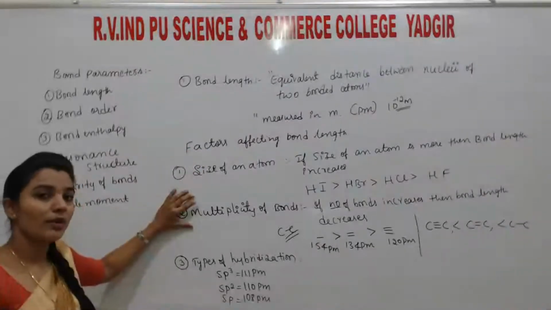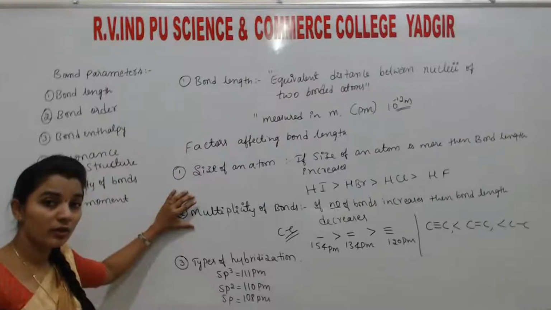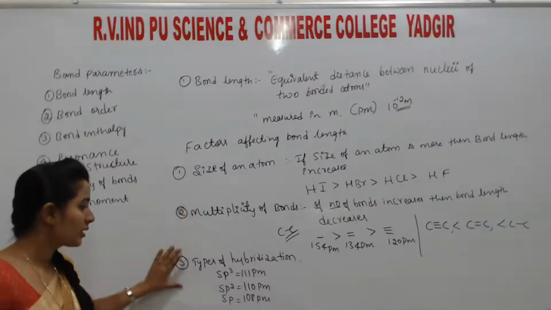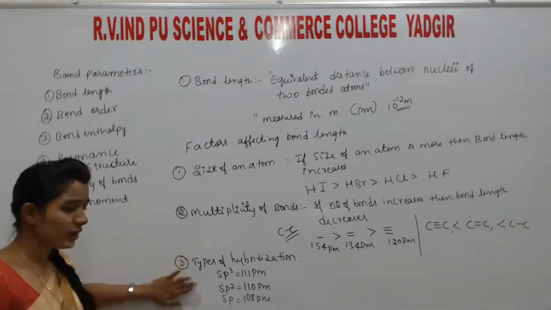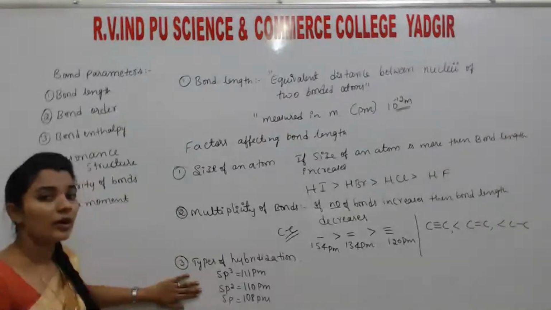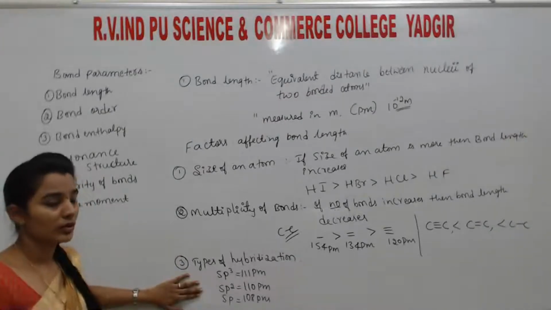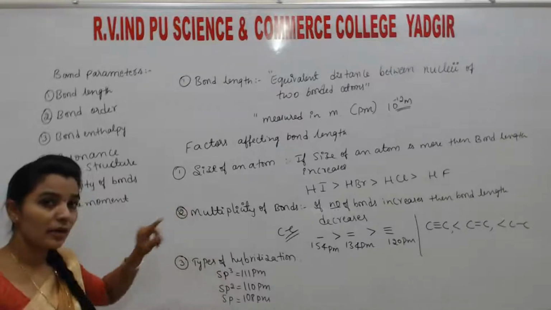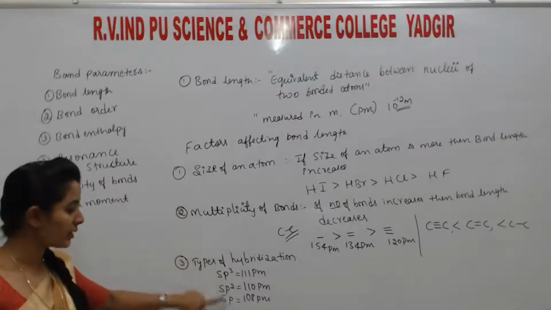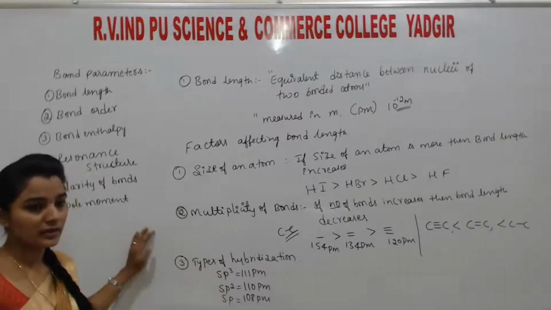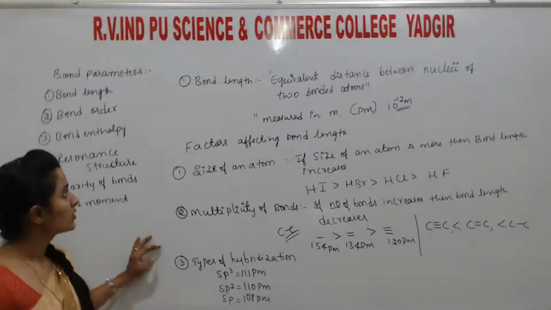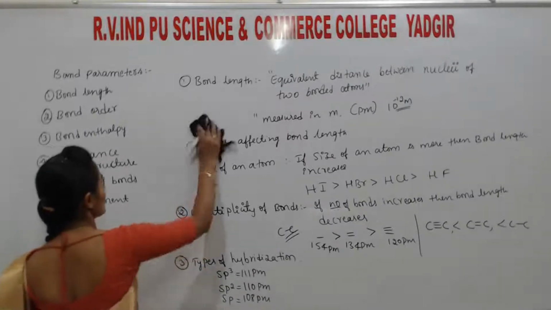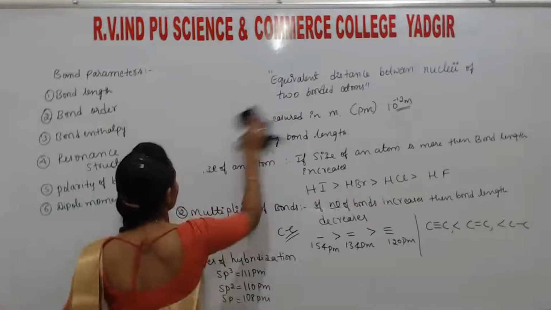Multiplicity of bond: if the number of bonds is more, then the bond length is less. Next, types of hybridization: if s character is less, bond length is more. If s character is more, bond length is less. Okay? So this is all about bond length. So next we will discuss bond order.